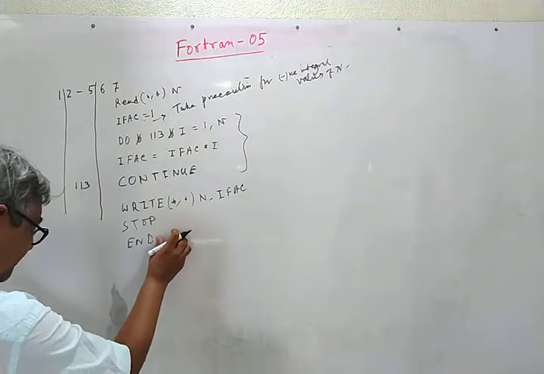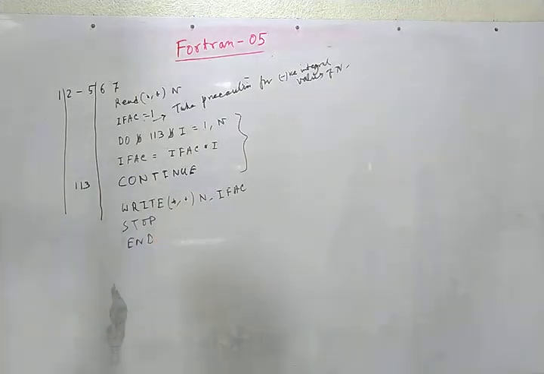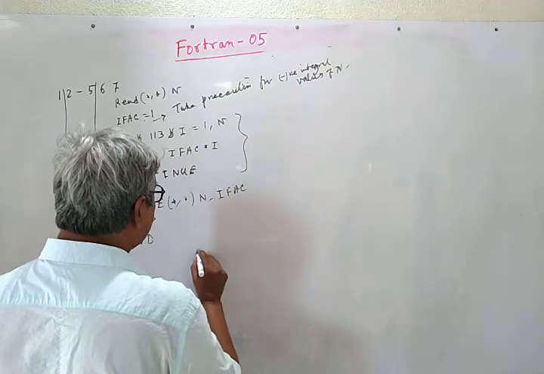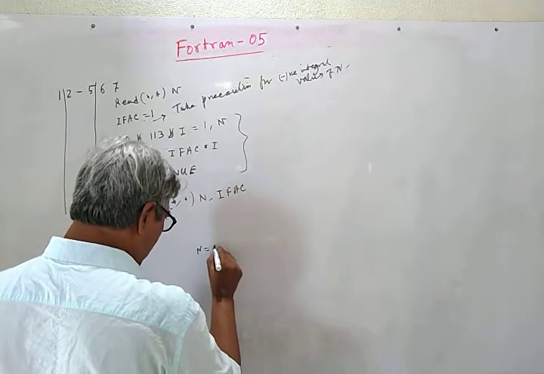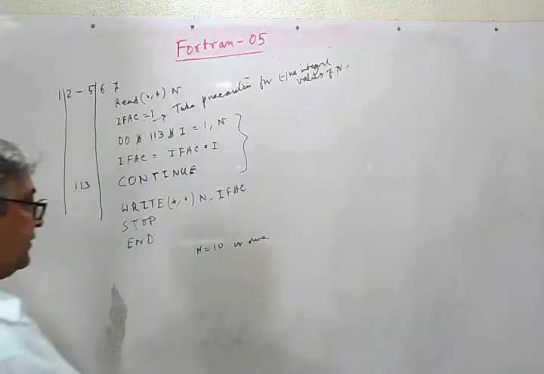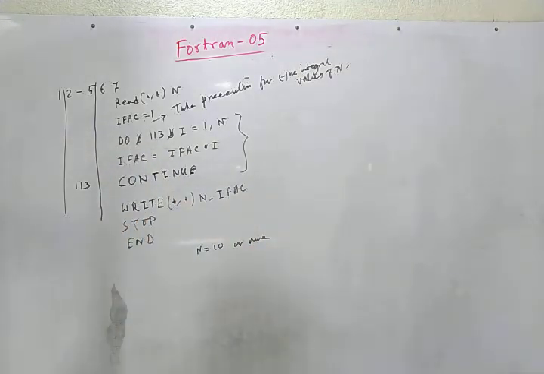If you provide the value of n to be 10, factorial 10 is a huge number, you will find in your computer that sometimes this program does not give the correct result for n is equal to 10 or more. In that case, still we can increase n by performing the program in real mode.